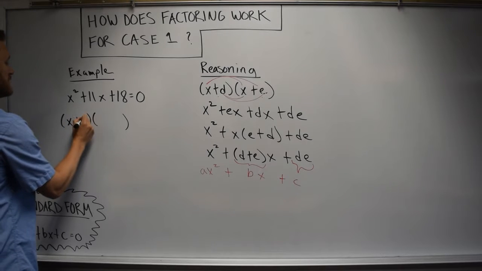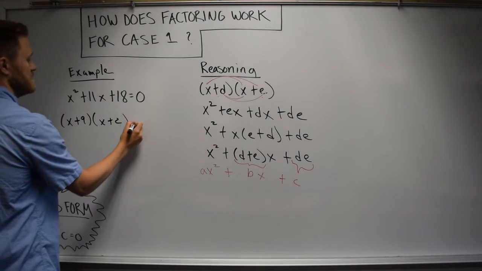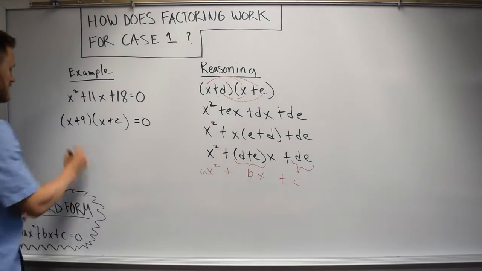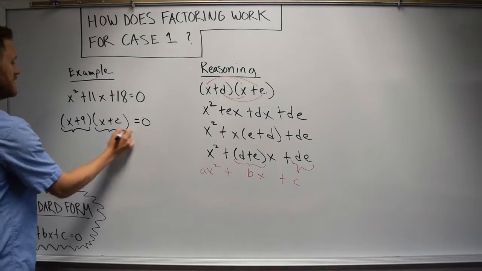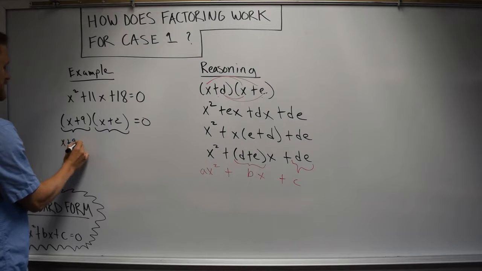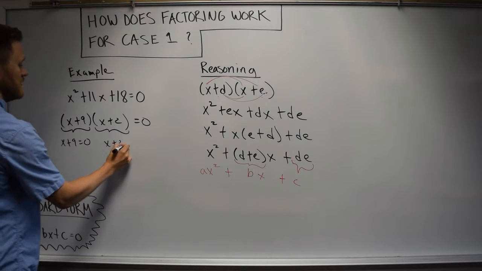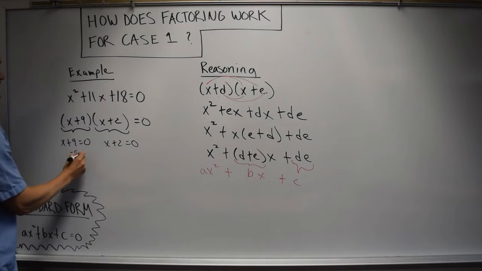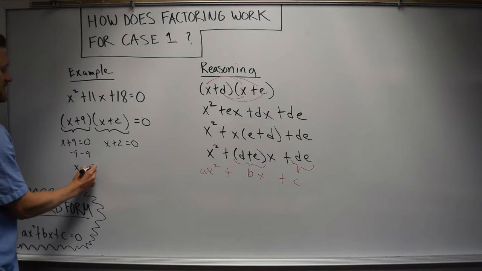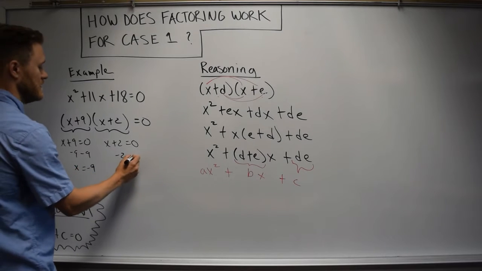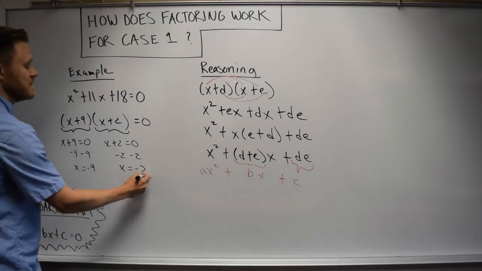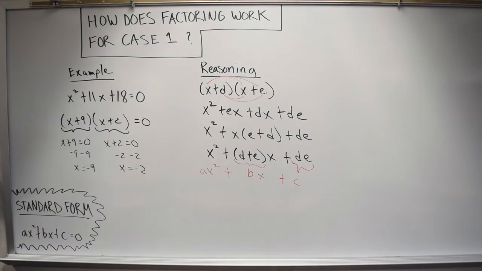So we get (x plus 9)(x plus 2) equals 0, and then we're going to set both of these equal to 0. So from this one, we get that x equals negative 9, and from this one, we get that x equals negative 2.